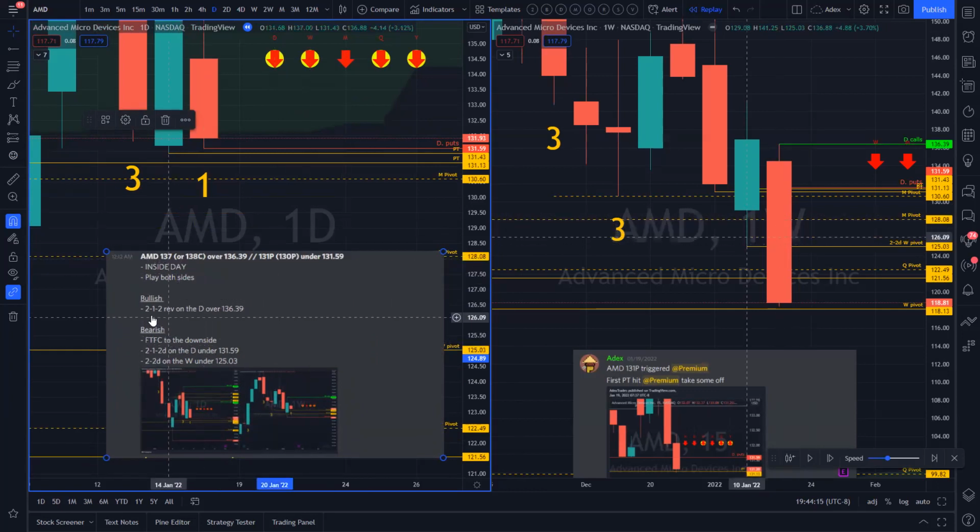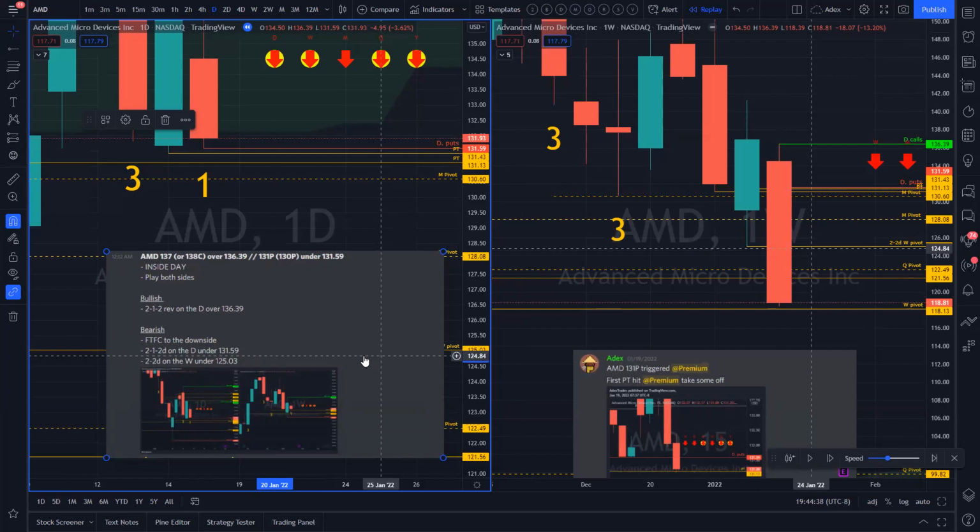Play both sides. The 212 rev on the day over 136, but the bearish information is that you have full time frame continuity to the downside. It will be a 212 down on the day under 131.59, and a 2-2 down on the week under 125.03. So this is where magnitude comes in.